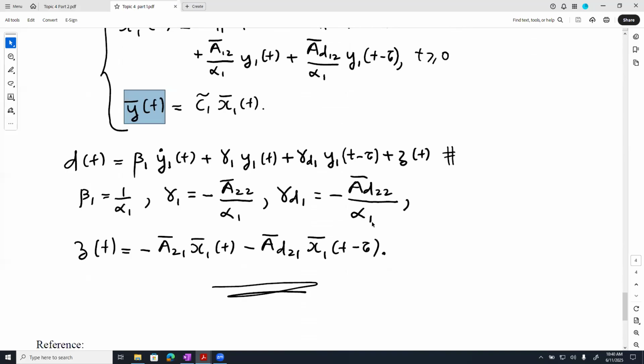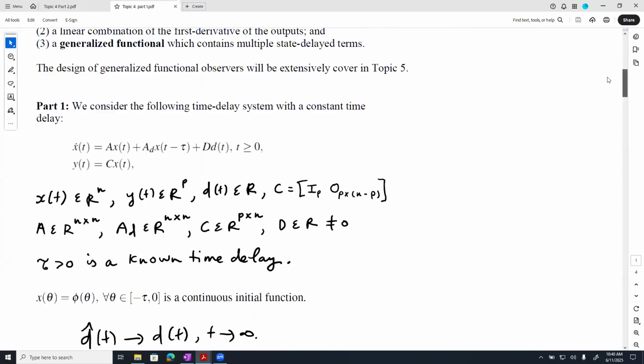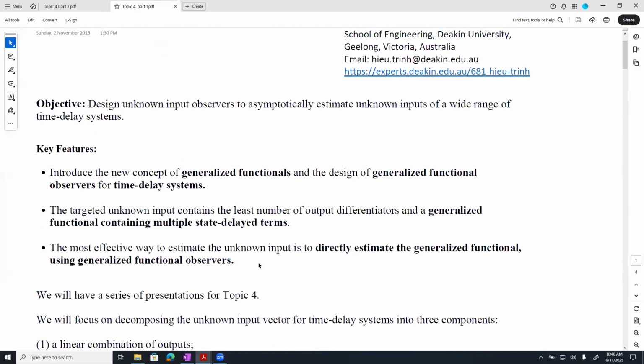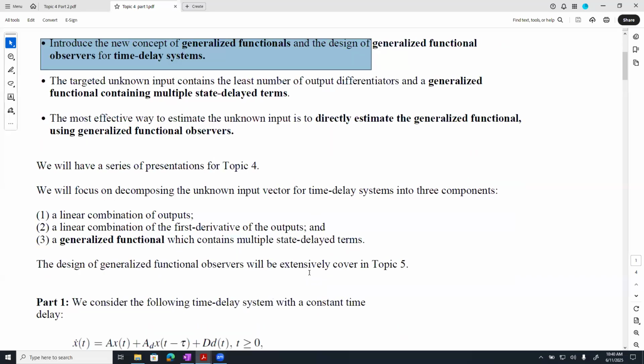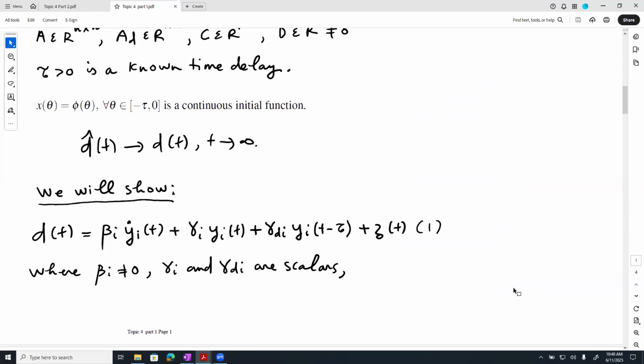In topic 4, we basically explain that when we deal with time delay systems, unknown input decomposition, we will come up with generalized functional. And then there is a need to develop generalized functional observer for time delay systems. And so in topic 1, we look at a simple time delay system.